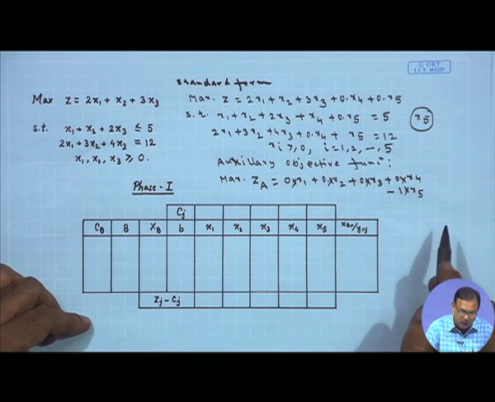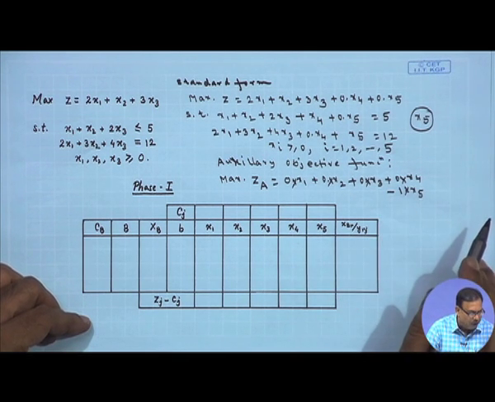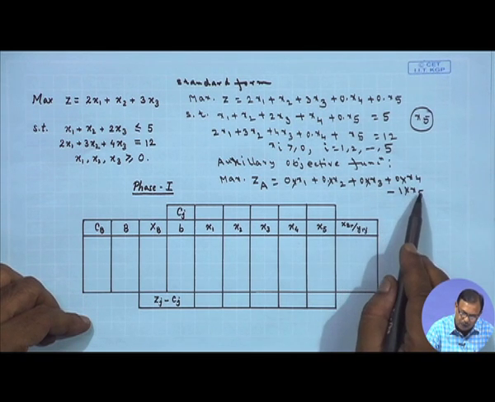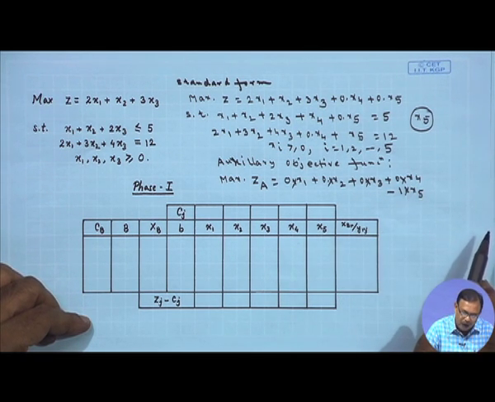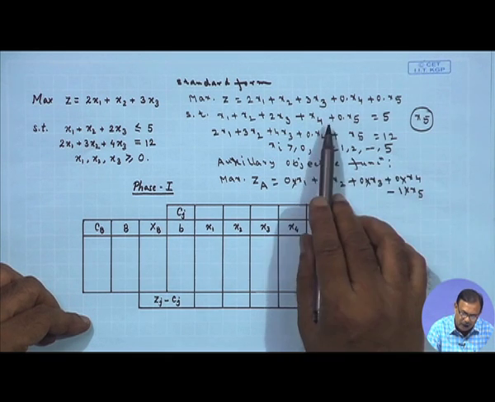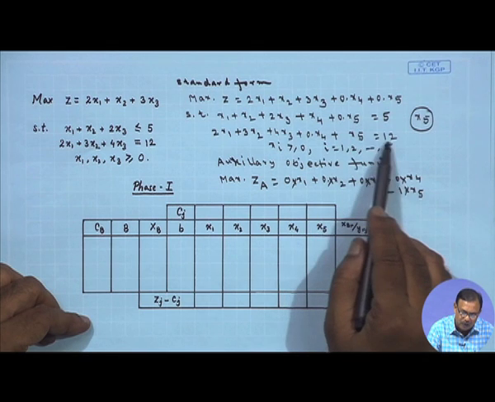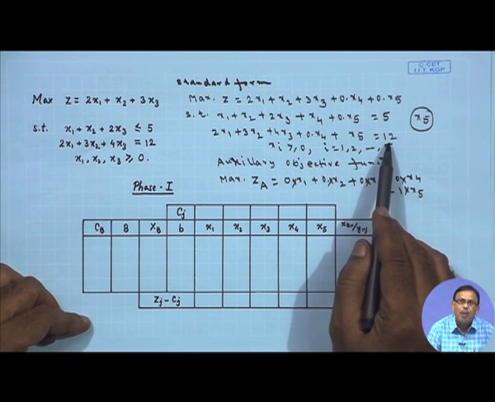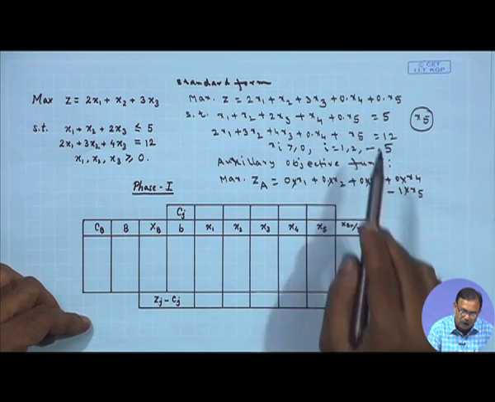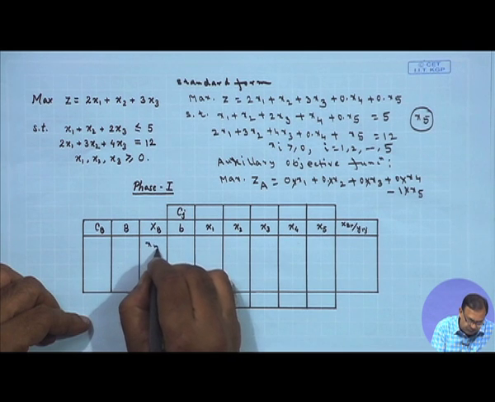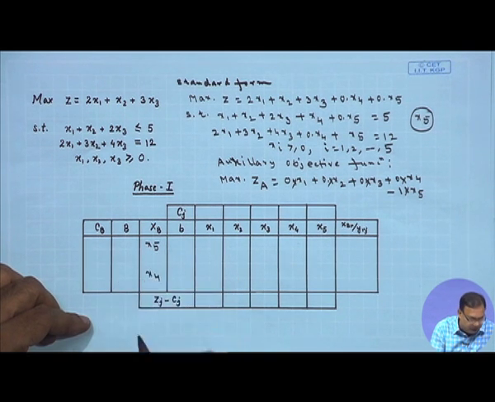So, what will be your initial solution? Your initial basic variables are x4 and x5, and from here you can obtain x4 equals 5 and x5 equals 12. This is the initial basis in this case, because I have to make all other variables 0. So, you write down here x5 and x4.